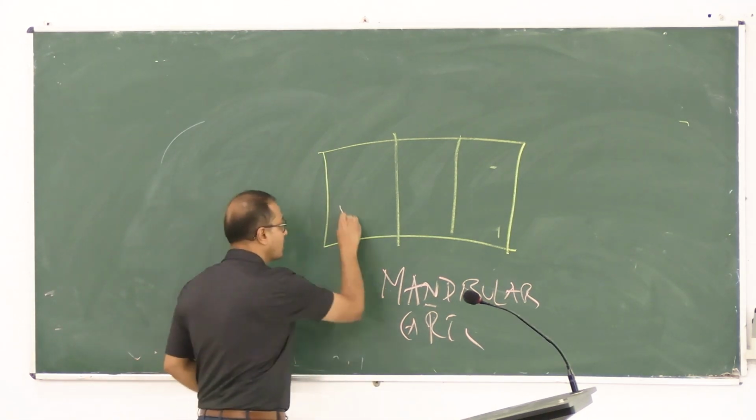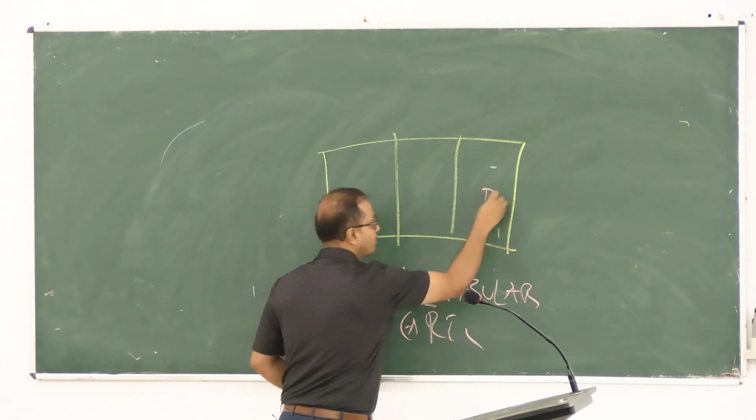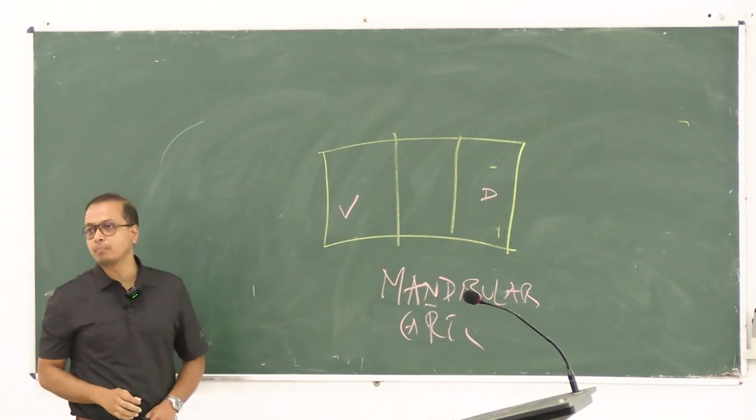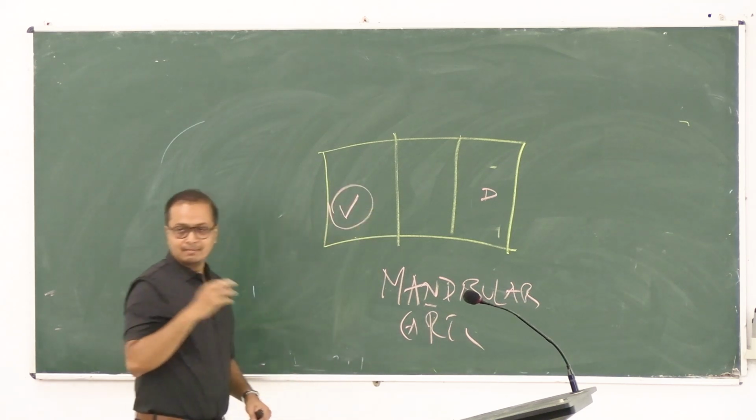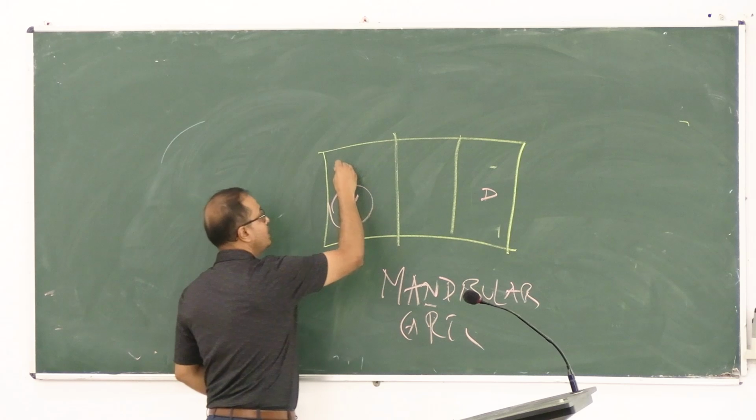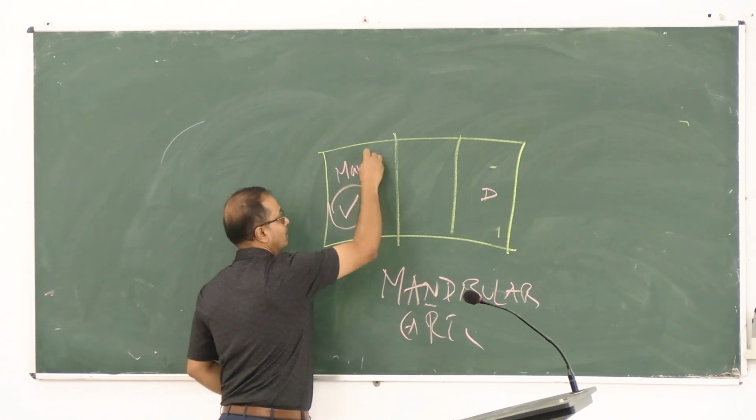We have a ventral component, a dorsal component, and an intermediate component. The ventral component of this mandibular cartilage develops into the mandible.